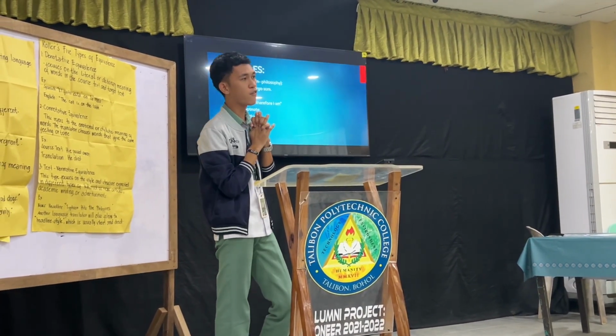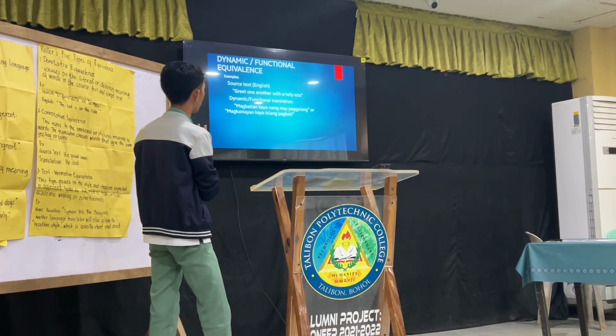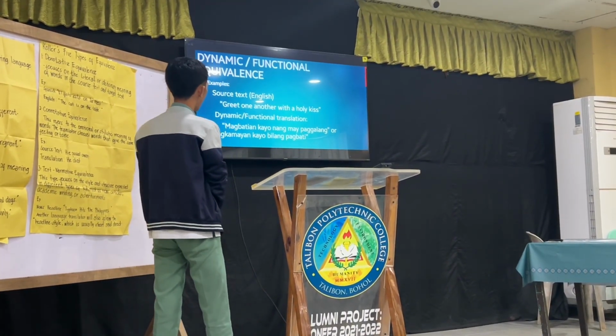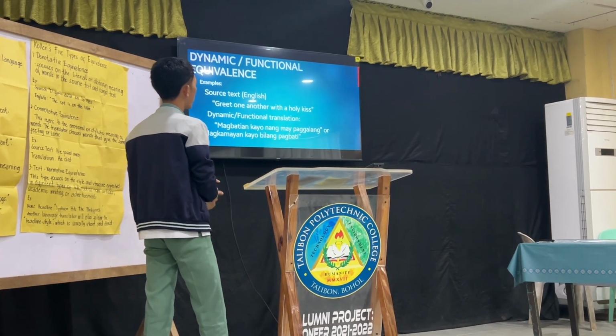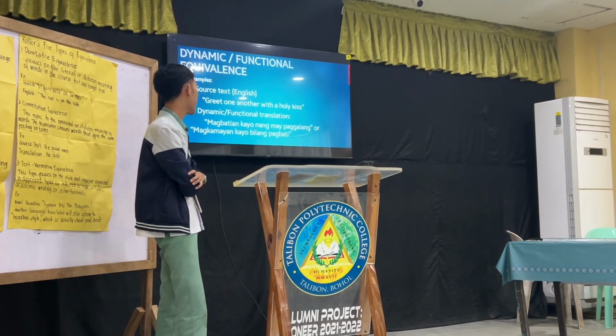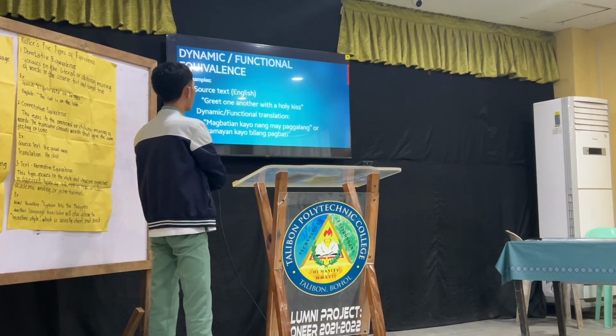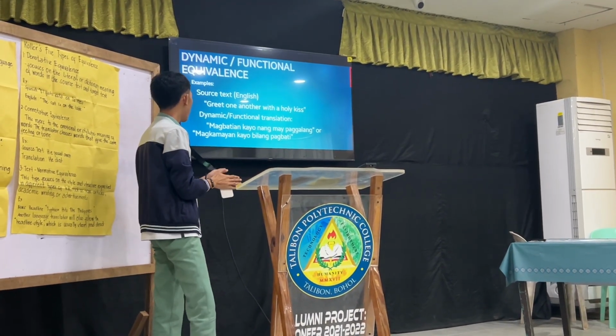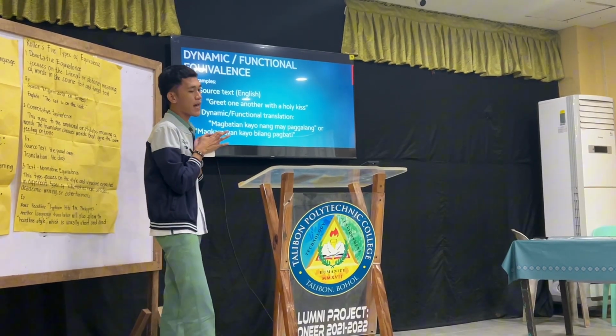Next, we have the dynamic or functional equivalence. For example, the source text in English: greet one another with a holy kiss. If you are going to translate in dynamic functional translation, in Filipino: magbatian kayo ng may paggalang or pagkamayan kayo bilang pagpati.